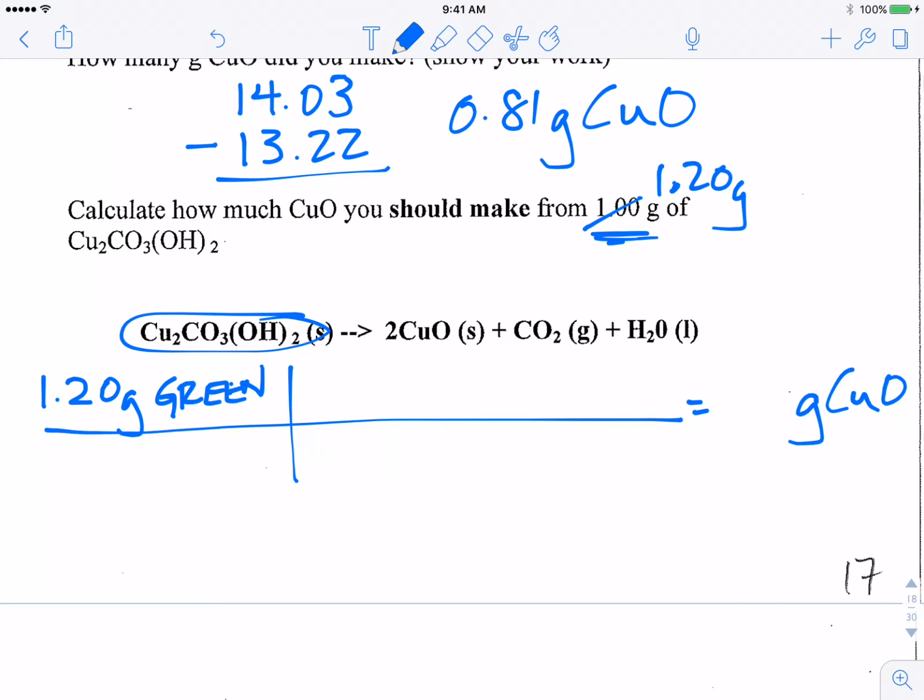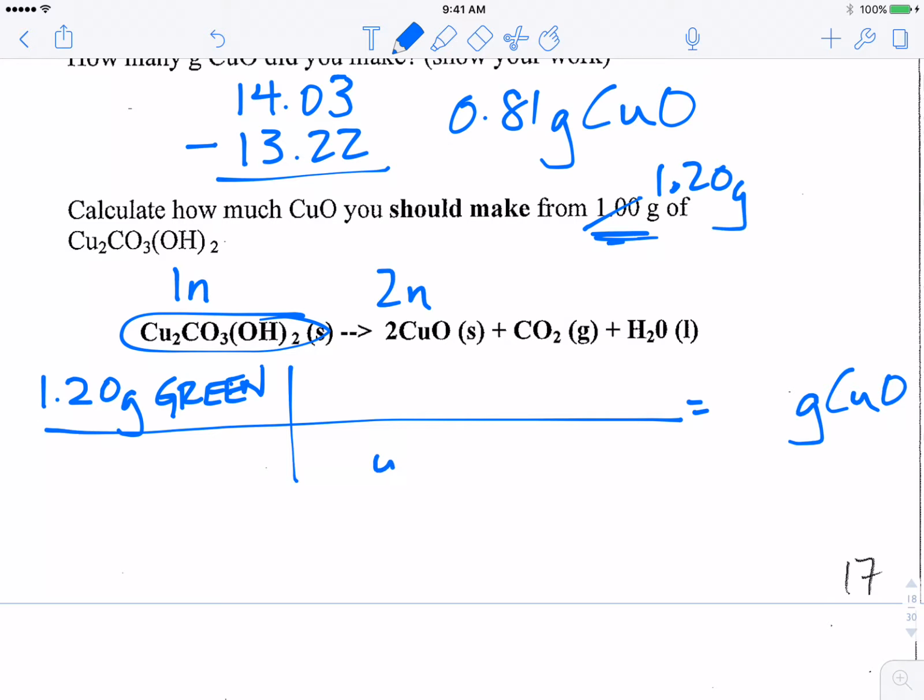Okay, so the first step is, when you're comparing two different chemicals, we know we're going to have to use our equation. Our equation says that for every 1 mole of copper carbonate basic, we should make 2 moles of copper oxide. So we have to use our equation to be able to compare these chemicals, except the equation is in different units. So the first step is to convert from grams into moles of our green chemical, our copper carbonate basic.